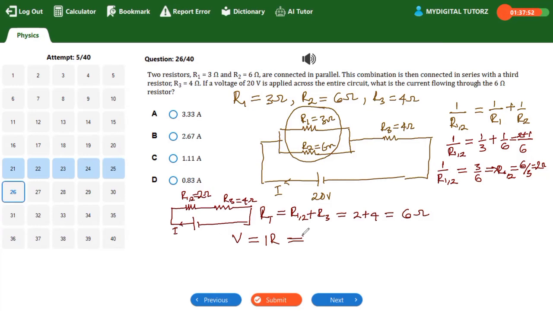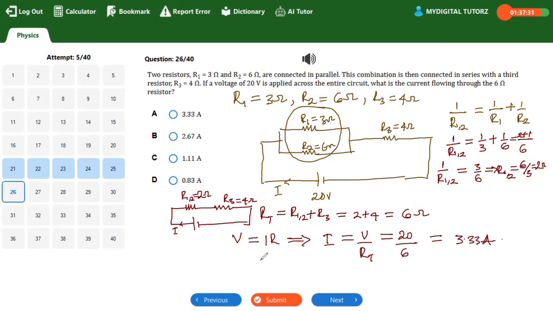This implies that I will be equal to V over R total. V is 20, R total is 6. When we divide 20 by 6, that should give us 3.33 amps. I hope this explanation is taken.